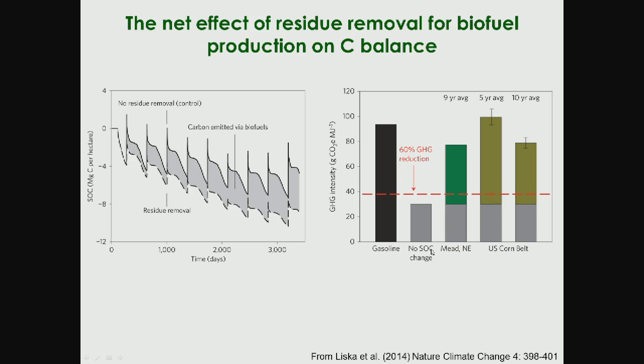But this is without consideration of the change in the soil organic carbon through the utilisation of these residues, such as, say, a corn straw, corn stover. But in fact, we know that when these residues, these leftover parts of the crop, are utilised for biofuel, so when they are removed from the field, there is over time a decline in the soil organic carbon.